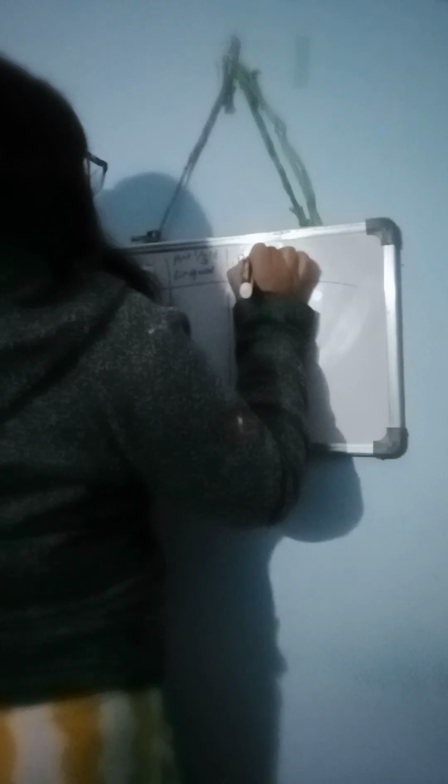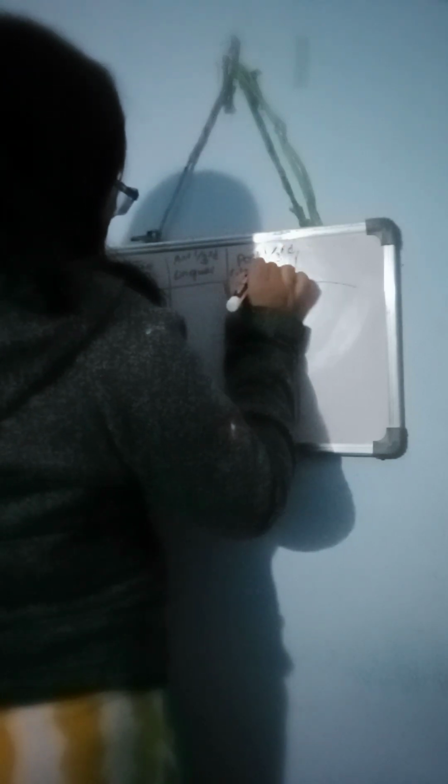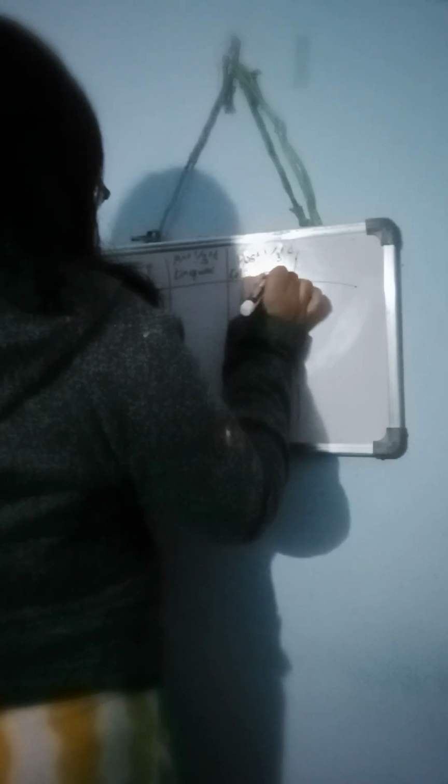Then we have the posterior 1/3, supplied by the glossopharyngeal nerve, and the posterior most 1/3, that is the posterior most part of the vallecula.